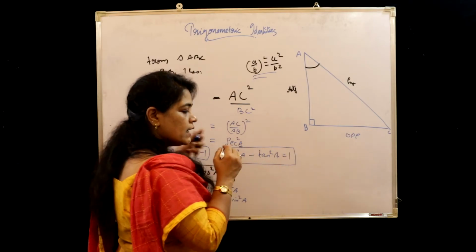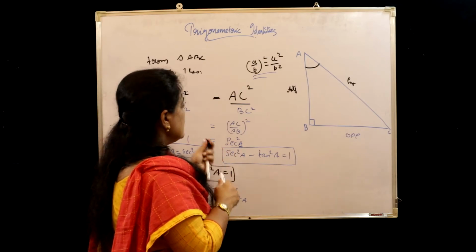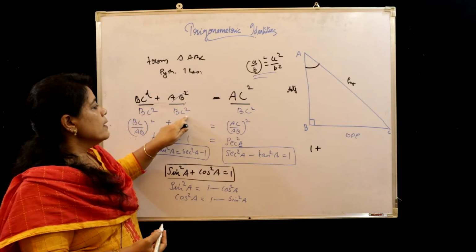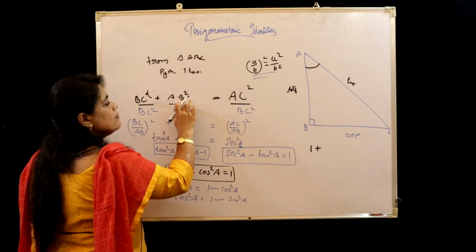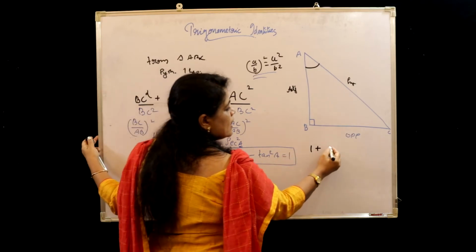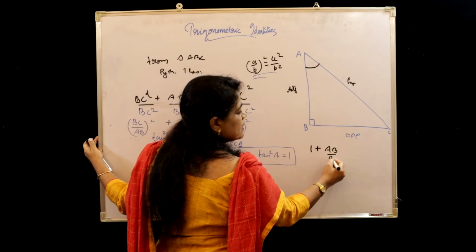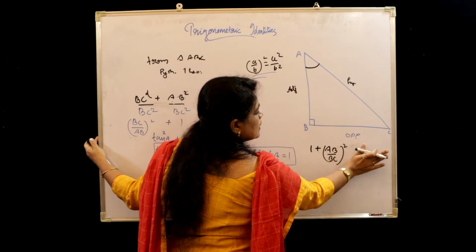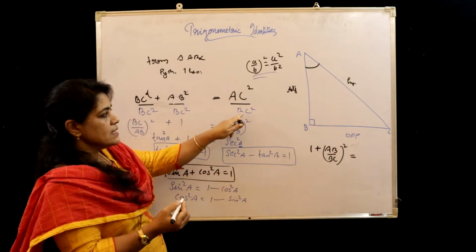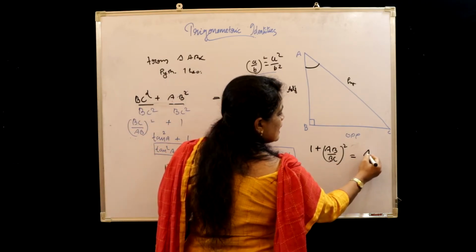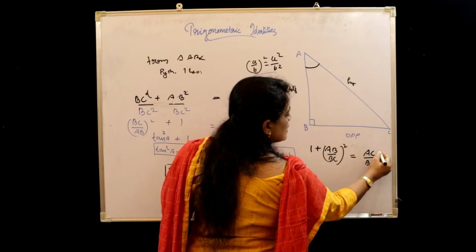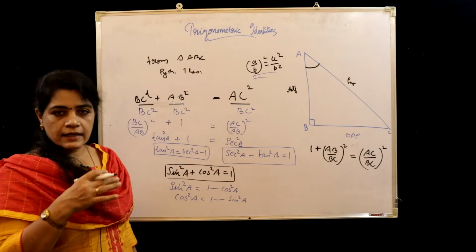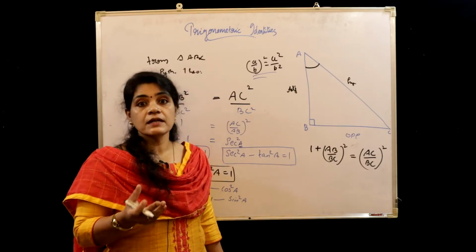So we have 1 comes, okay, 1 plus AB by BC whole square, equal to here AC by BC, AC by BC whole square. Okay, I just divided the expression, that is the Pythagoras result, with the BC square.